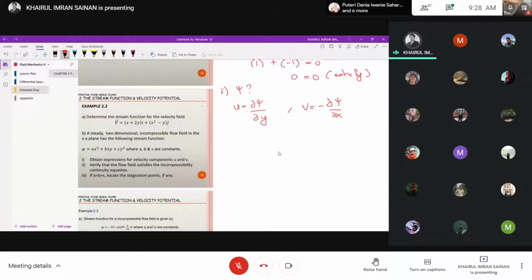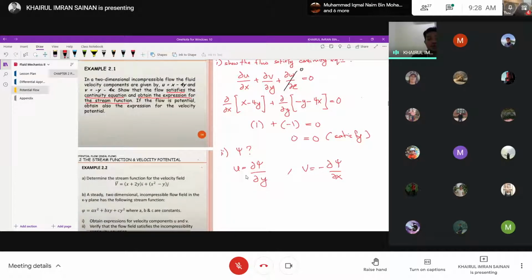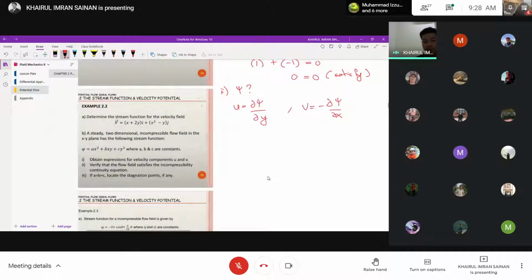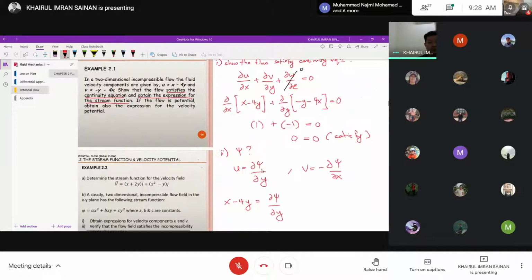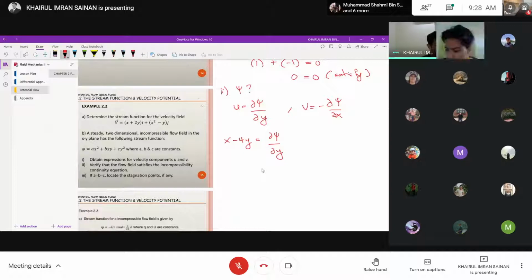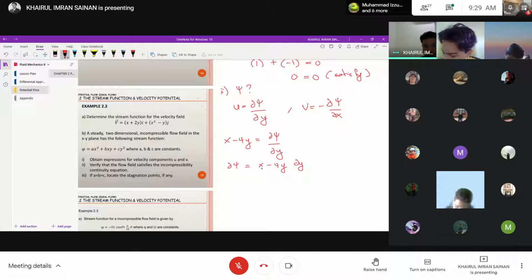So what we're going to do is use these two equations to determine psi. First we solve for u. So u is x minus 4y. What we want is actually psi, so you need to integrate with respect to y.